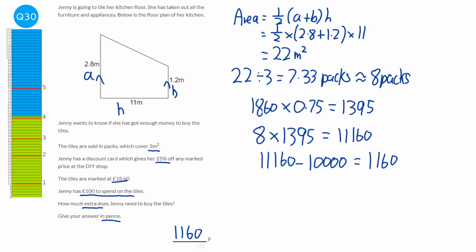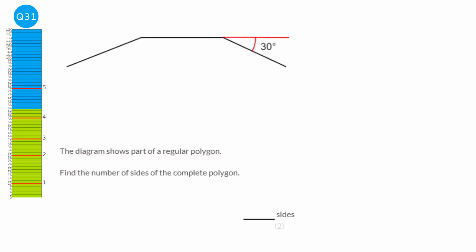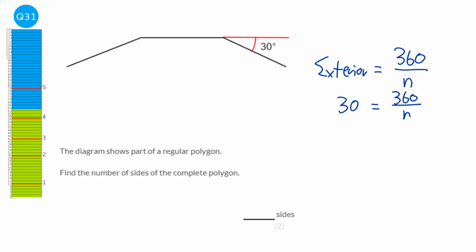The formula for an exterior angle for a regular polygon is 360 divided by the amount of sides. Now here we're given the fact that the exterior angle is 30 and we're looking for n, so we just need to rearrange the equation.